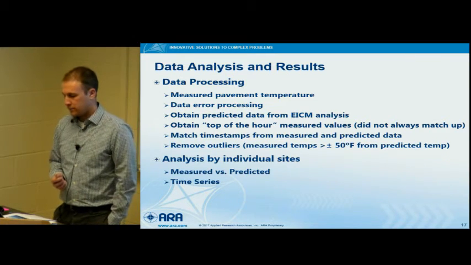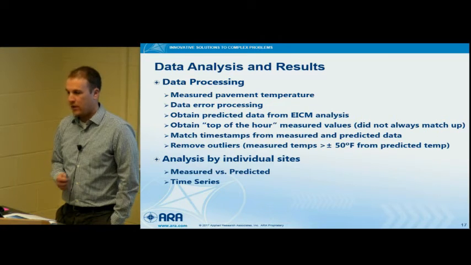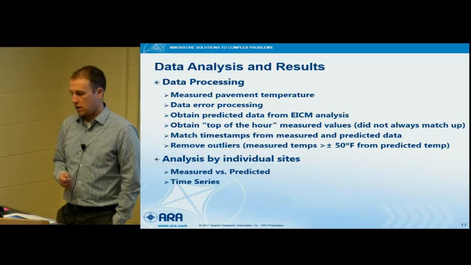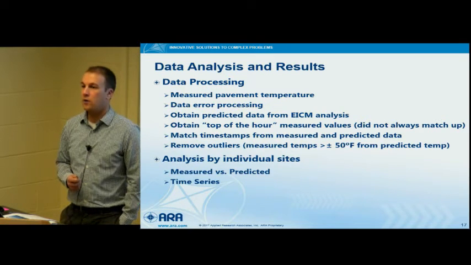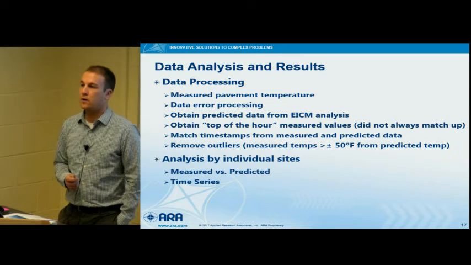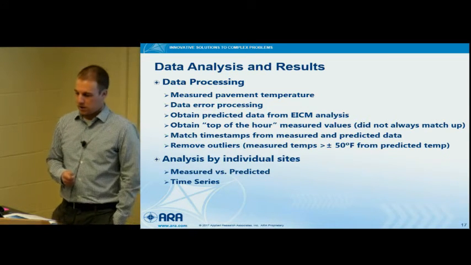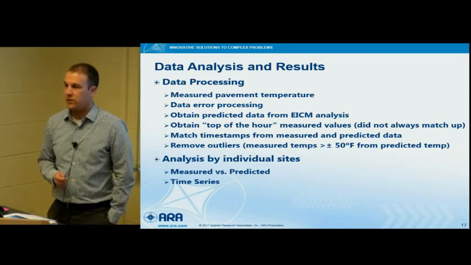So we had to not manipulate, but we had to adjust a few things. The measured pavement temperatures were in between 5 and 10-minute increments, and our hourly climate files were on the top of every hour. So we had to do quite a few things to make sure that we compare the correct information.